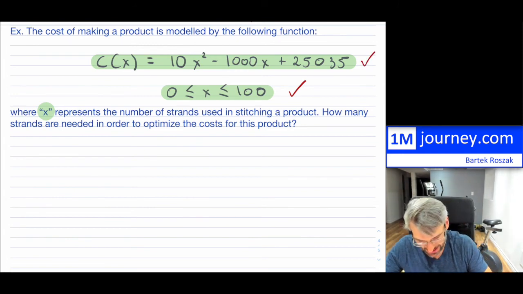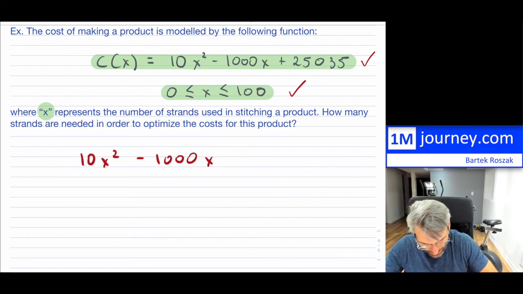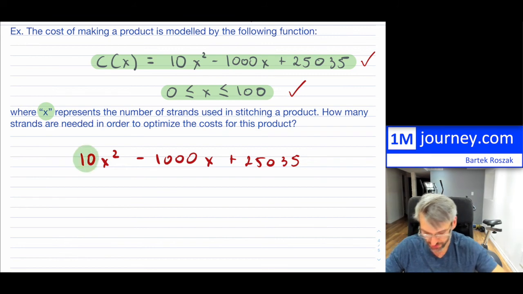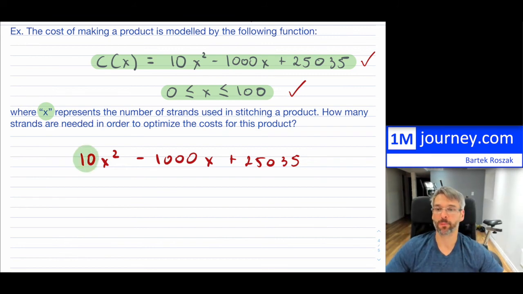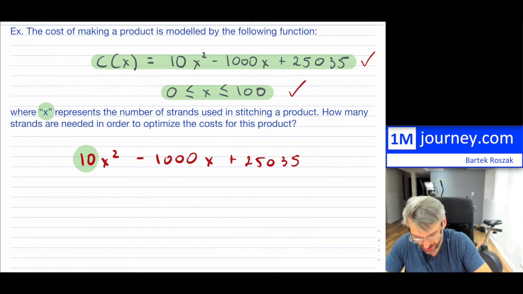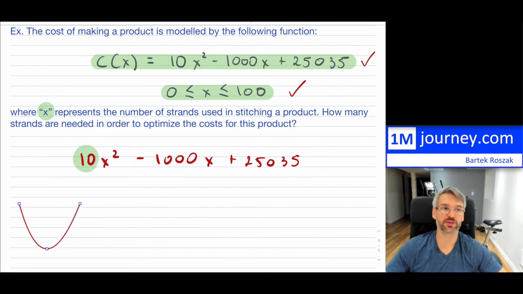Now, I can see that this quadratic is in standard form. It has very big coefficients here, especially the b and c, but the a is a positive 10. Now, just from that, I know that it will be a minimum because my quadratic is going to be opening upwards like this.